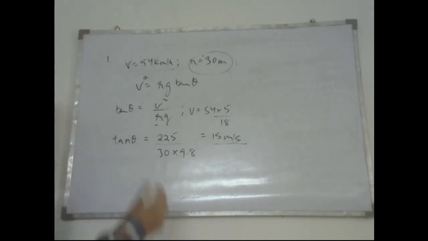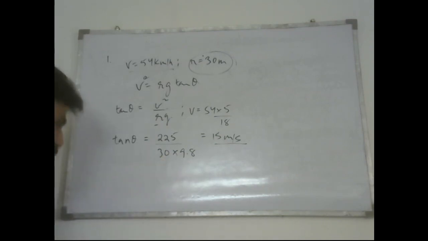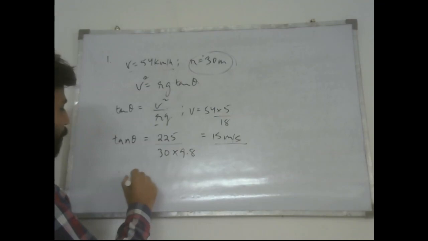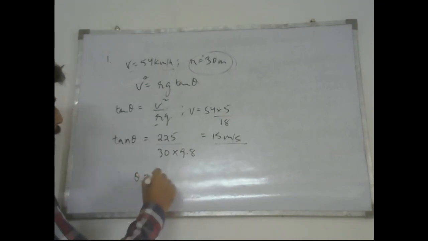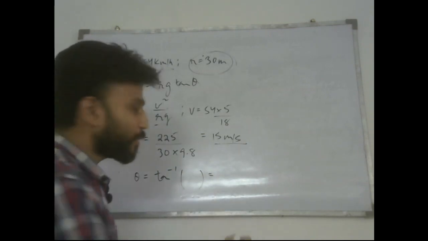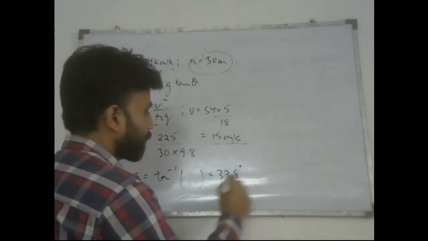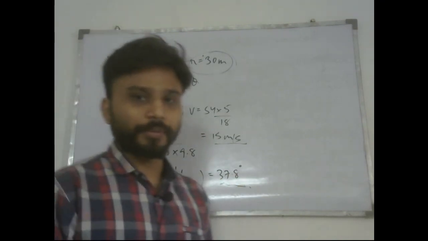The value of tan theta comes out to be a particular value, and from that we can find theta by taking tan inverse of this whole ratio. This angle comes out to be 37.8 degrees, something like that.